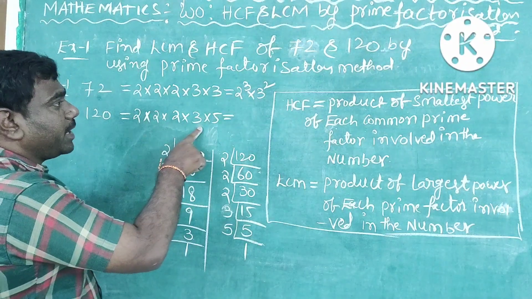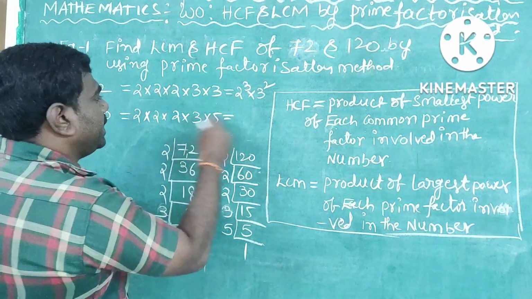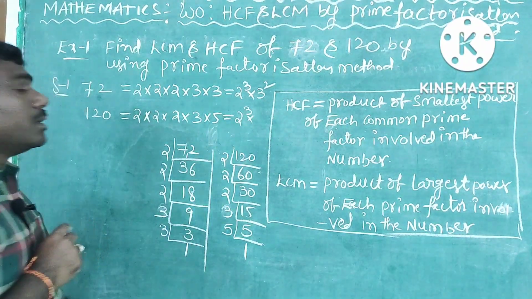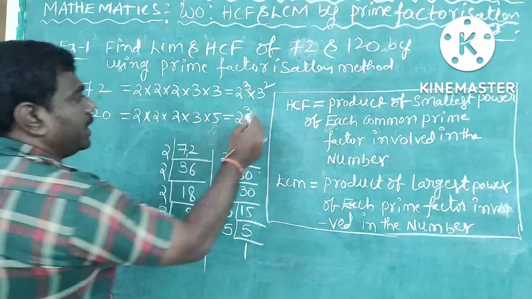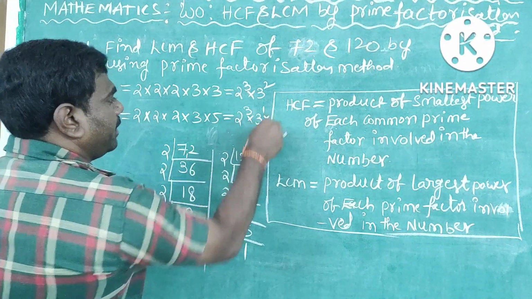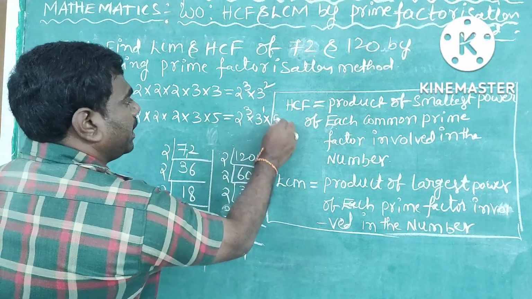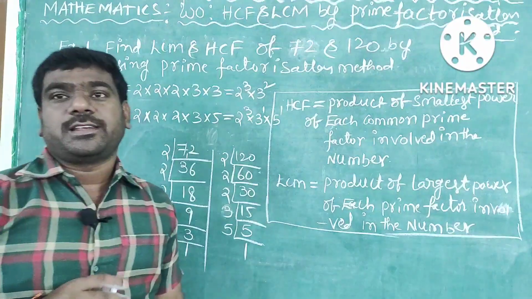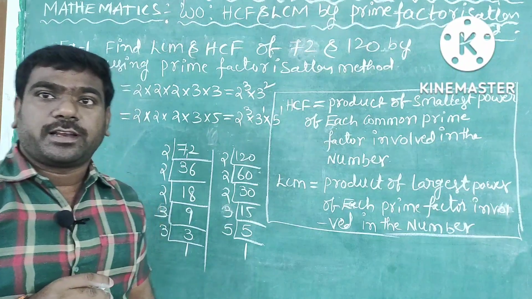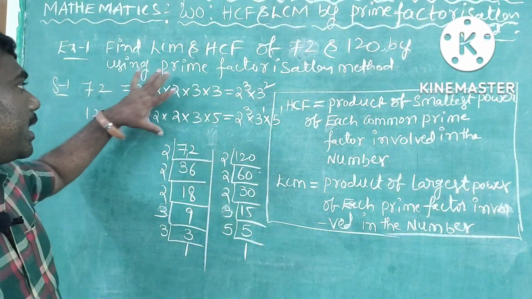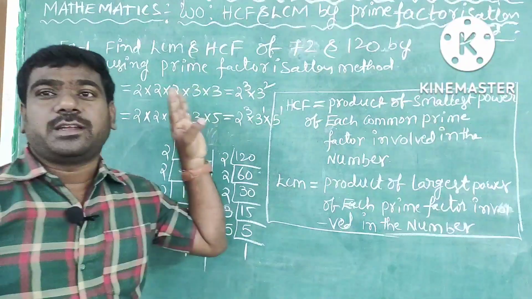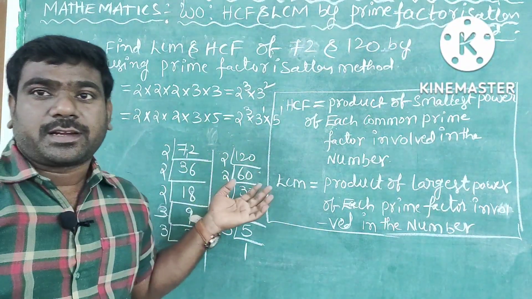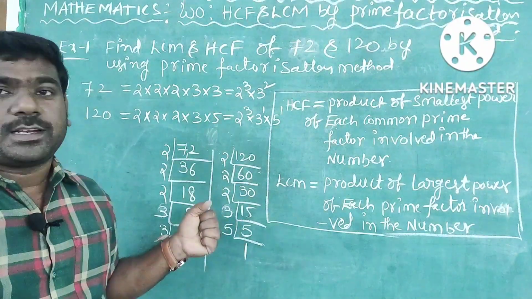Now for the unique factorization, 2 is repeating 3 times, so we write 2 cube. 3 repeats only one time, so 3 power 1. 5 repeats only one time, so 5 power 1. This is called a unique factorization. Now we applied the fundamental theorem of arithmetic, and found the product of its prime factors.